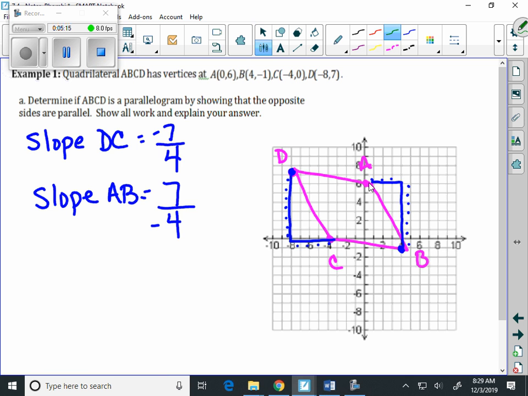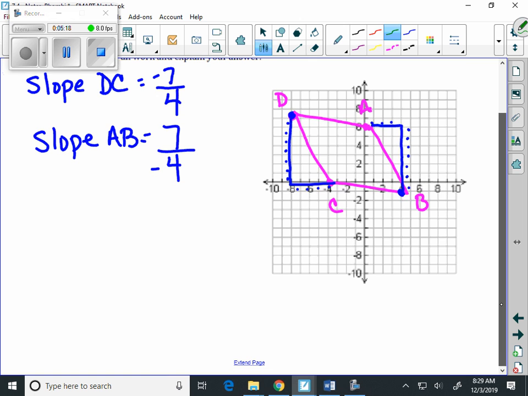Then we look at the other two sides, which is going to be here. And again, hopefully your picture is better than mine, but our rise is 1. But wait, we actually went down 1, and let me label as well, slope of CB. We went down 1, and we're going to go right 1, 2, 3, 4, 5, 6, 7, 8. So down 1 and to the right 8.